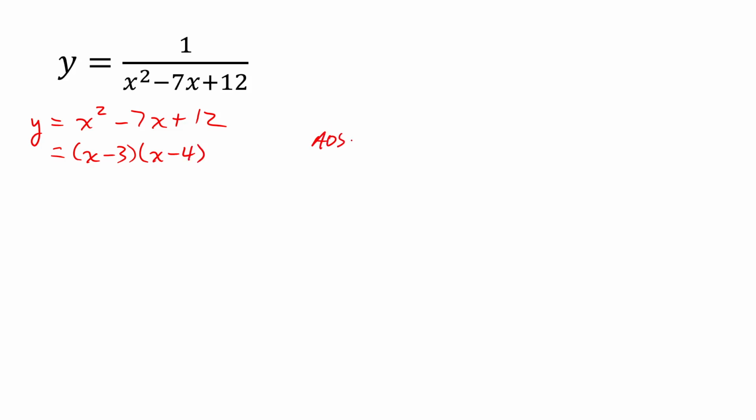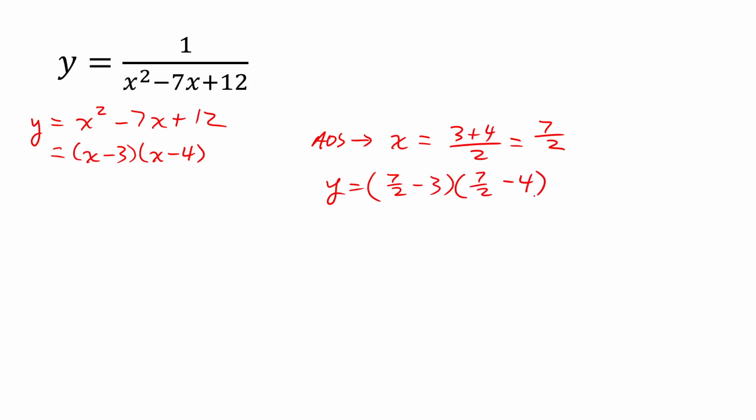Our axis of symmetry is therefore going to be halfway in between 3 and 4. 3 plus 4 over 2 is equal to 7 halves. Now to determine the y value of the vertex, we can evaluate 7 halves minus 3 times 7 halves minus 4.